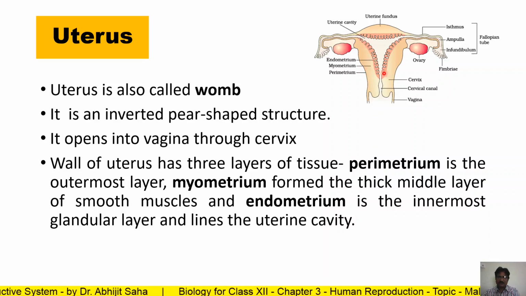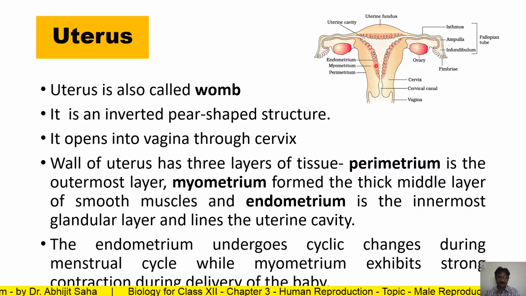So the endometrium lies on the inner cavity. The endometrial wall is very important because it undergoes cyclic changes during the menstrual cycle, and also undergoes heavy contraction during childbirth.